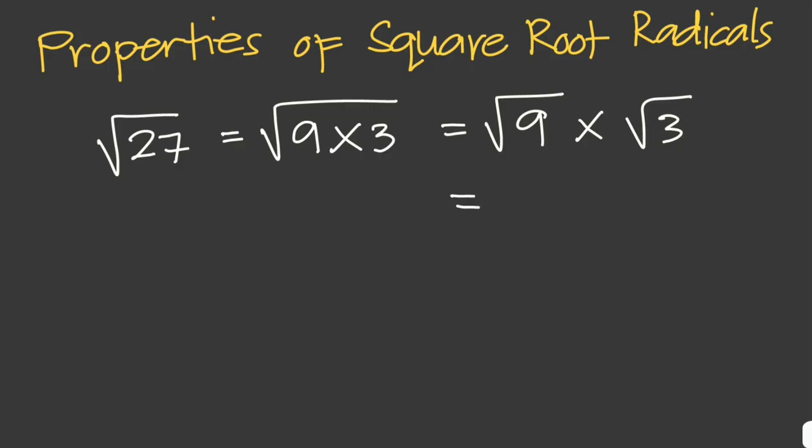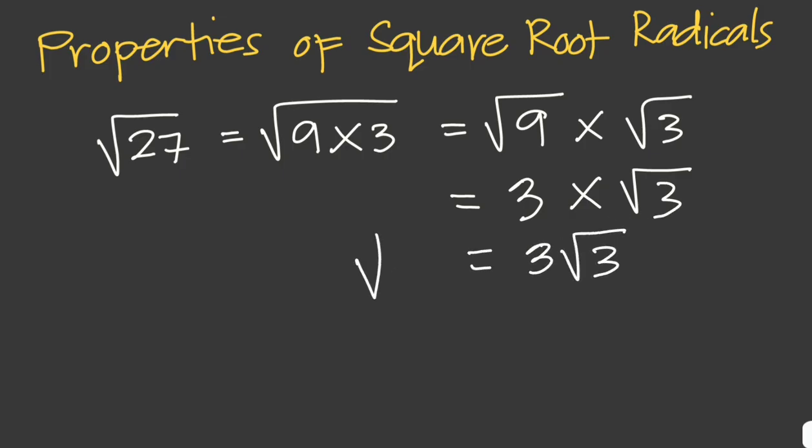Since 9 is a perfect square, we can write that as square root of 3 squared. So the square root of 3 squared is just equal to 3. Then this would become 3 times square root of 3, or simply 3 square root of 3. Therefore, square root of 27 is equal to 3 square root of 3.